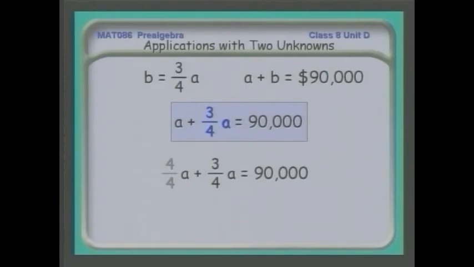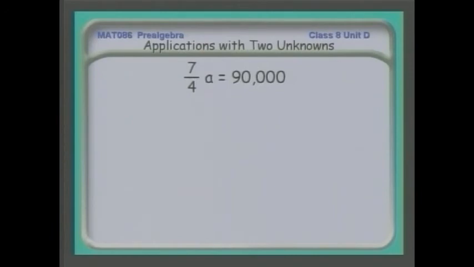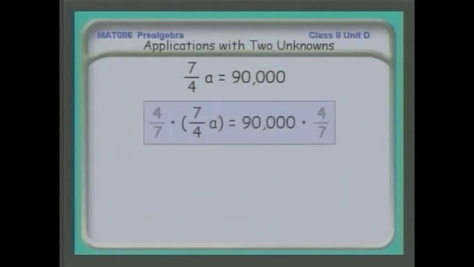The same as I did in the last example, 4/4 plus 3/4 is equal to 90,000. 7/4 of A is equal to 90,000. I can continue with this now and multiply both sides of that equation by the reciprocal of 7/4, or 4/7. When I solve this, I get that A is equal to 90,000 over 1 times 4/7.